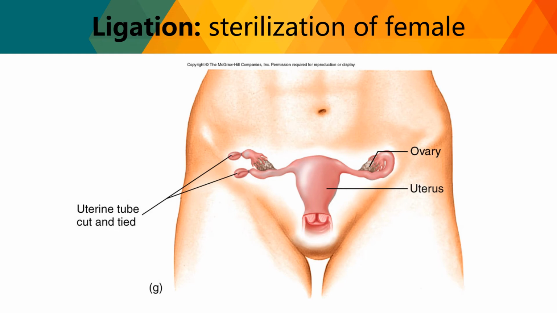So, hanggat maaari, ang ligation, ginagawa siya sa later years, but then again, kapag dating naman sa tinatawag nating mga family planning, okay, yung vasectomy, yung mga ligation na yan, they are actually just options.